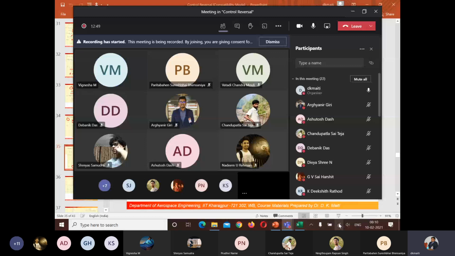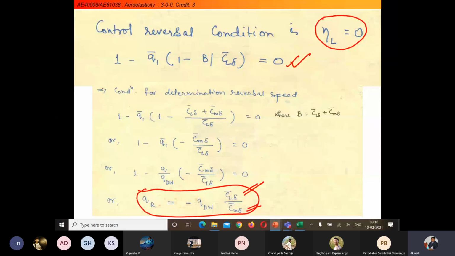Okay, so whatever I was discussing, let me come to that. We have taken two cases. Case 1 is where k delta is infinite, and in that case, whatever reversal speed QR we got, it is the same value, basically minus QD wing multiplied by CL delta bar by CM delta bar.